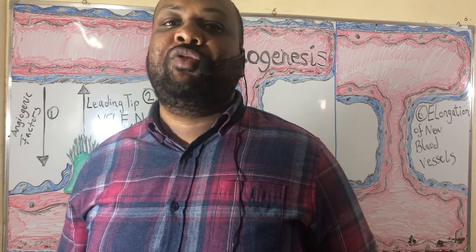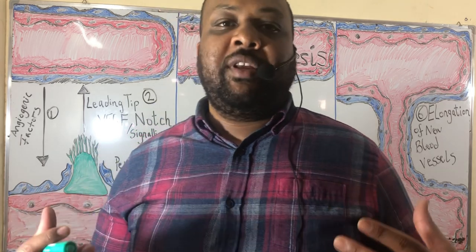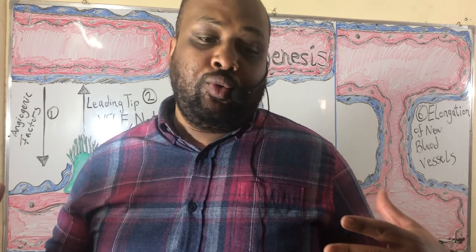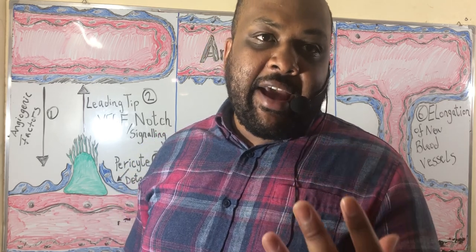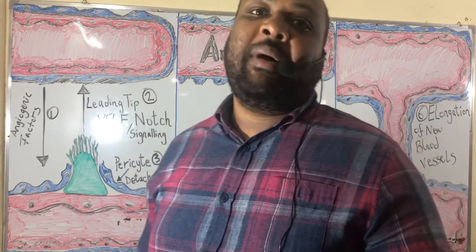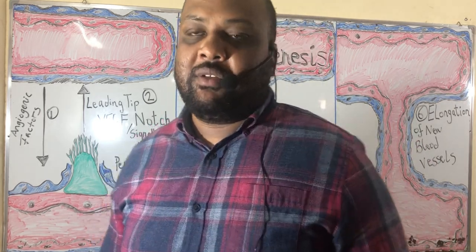These pathways drive the ability of the endothelial cells to sprout, migrate, elongate, and reach out to nearby blood vessels to initiate this tunnel and the making of these new blood vessels.